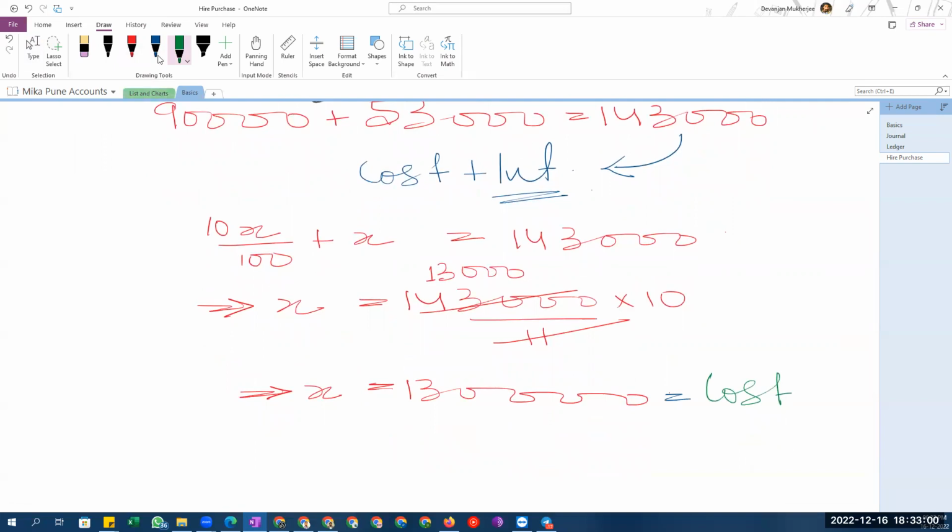So then the interest in year 1 is equal to how much? 13,000.